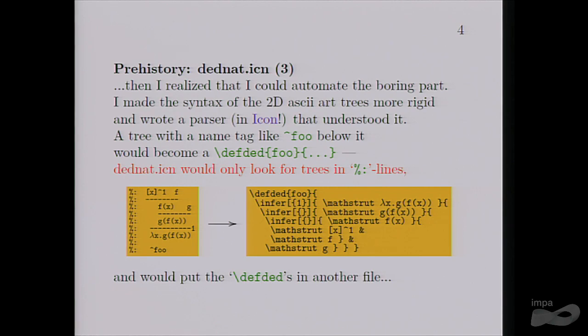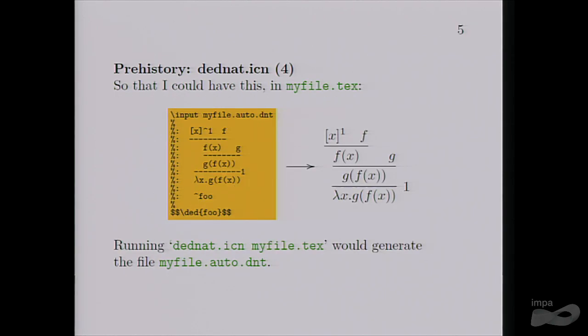And originally, this would save these definitions in another file, so that I could have something like this. This is a specification for a tree. After the tree is defined, I can say /dead foo, and I would get the ugly code here, but it's hidden. And the ugly code is saved in another file.